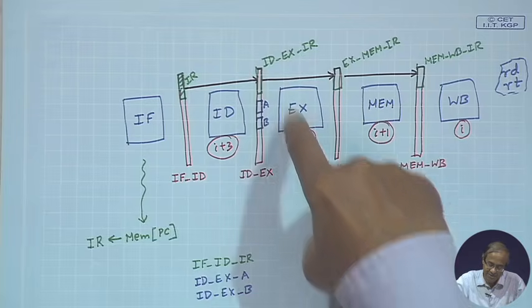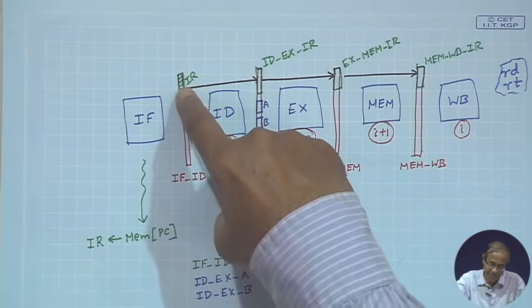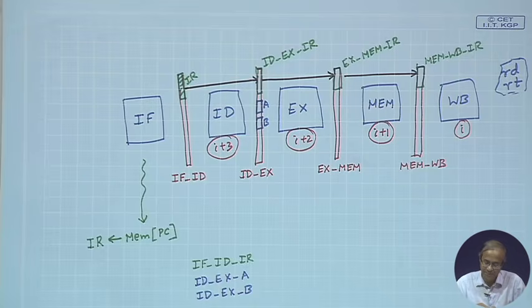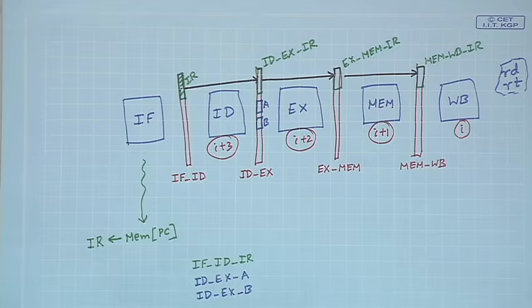This is the IR of instruction I plus 2, and this will be the IR of instruction I plus 3. Okay? So, this explains why we need to forward the same register across stages so many times, because there are so many instructions moving and each of them will need their own IR. Okay? Their instructions are different, so their IR will also be different, that is why.